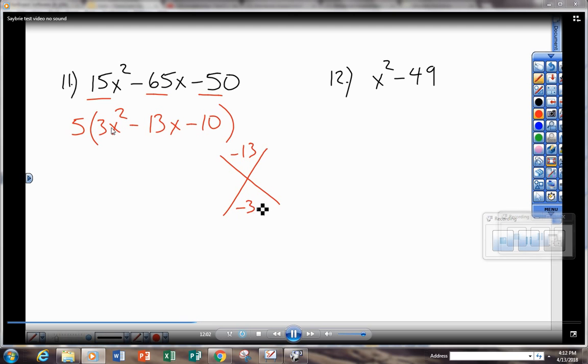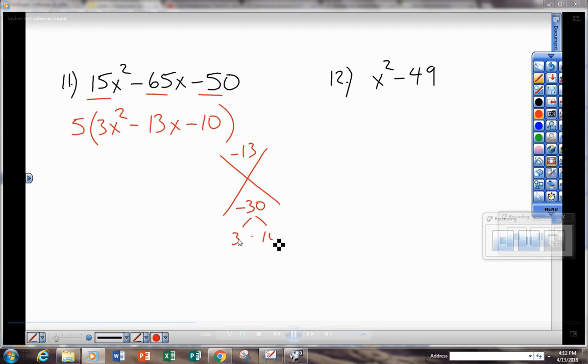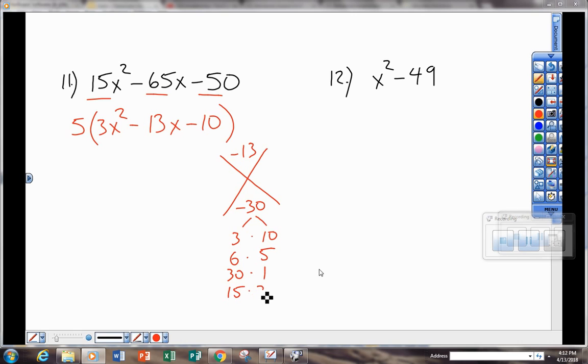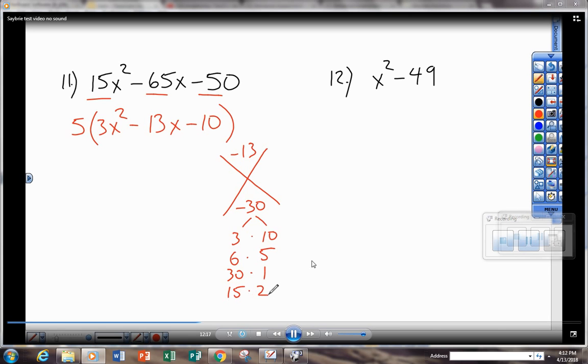So negative 30. And then the two pairs that work, if I list them all out, 3 and 10, that looks close, but that one not sure if it's going to work. 6 and 5, 30 times 1, and then 15 and 2, that's the one that's going to work. So that's going to be negative 15 and positive 2.